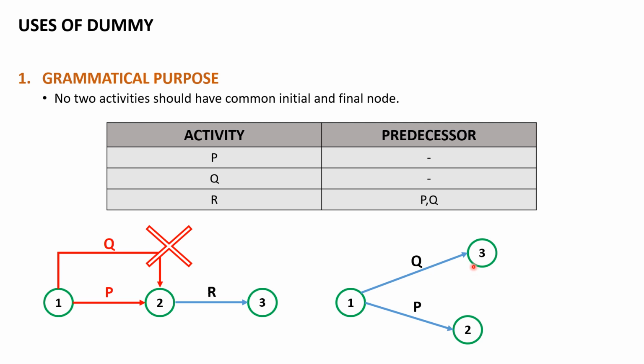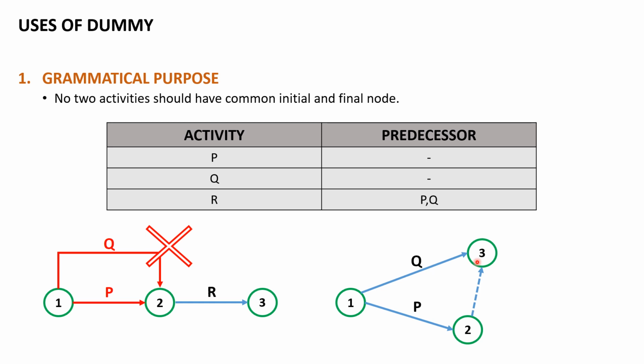So what we can do is use a dummy activity, which does not consume any time or resource, but is merely used as a dependency in our network diagram. So I'm just going to introduce a dummy activity from event number 2 to event number 3.